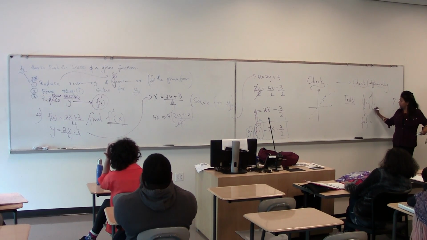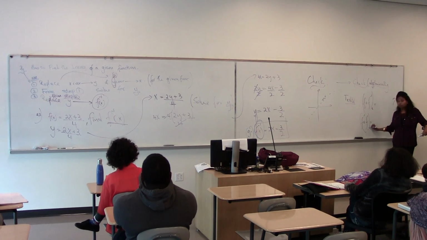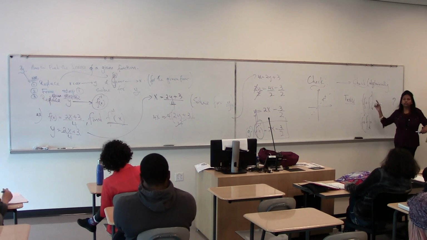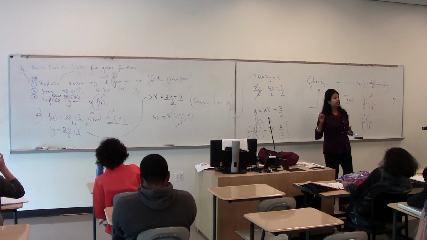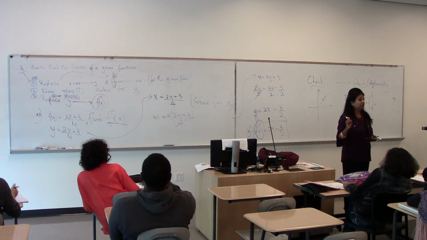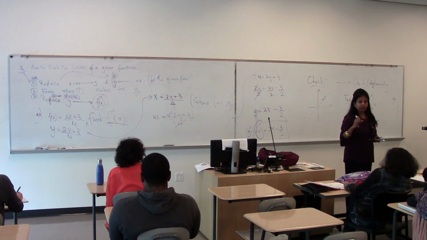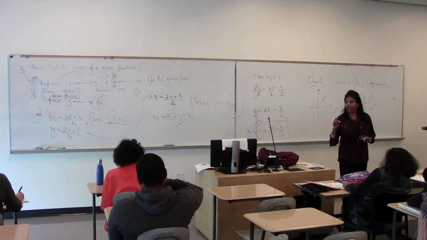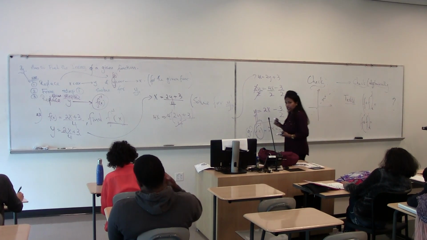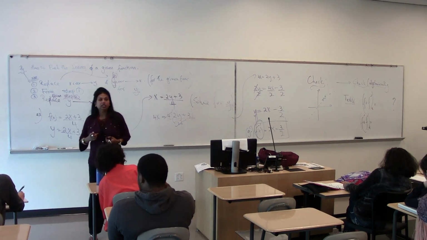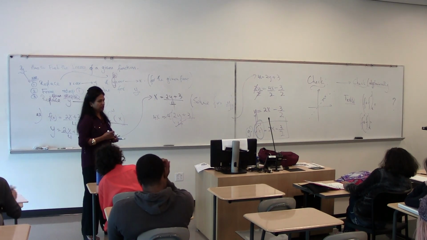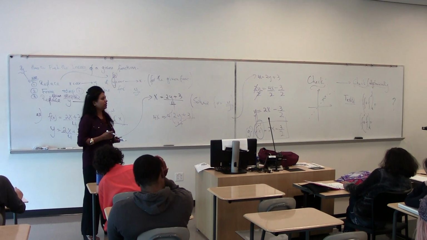Remember, that's what the definition says: check F composition G and G composition F. If F composition G and G composition F both give you x, then the two functions are inverses of each other. Are you following, class?